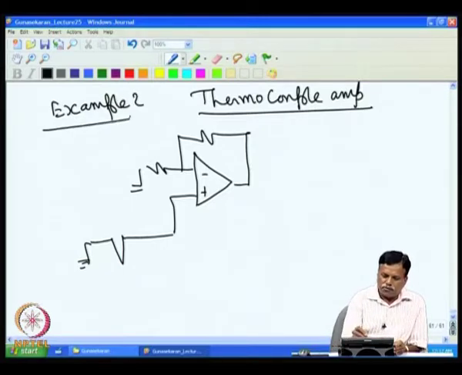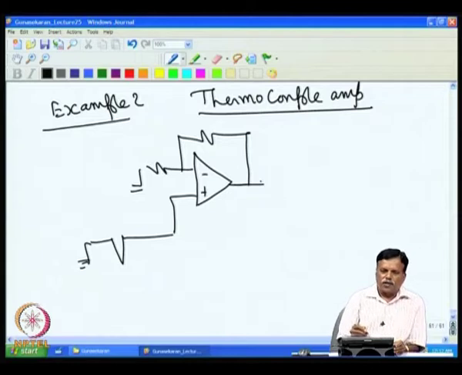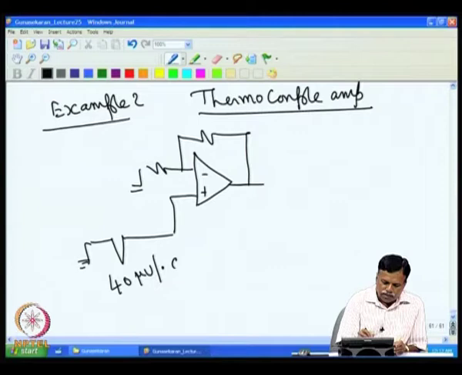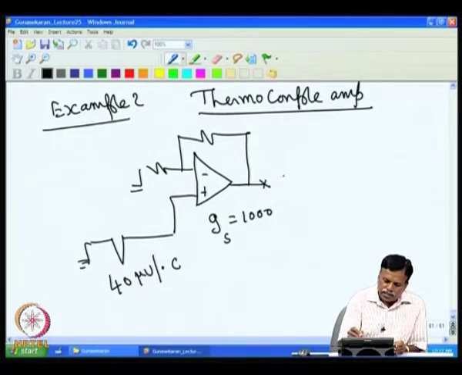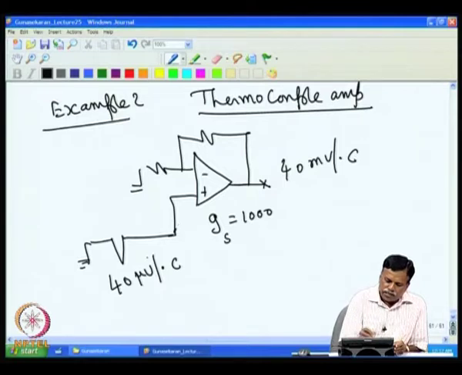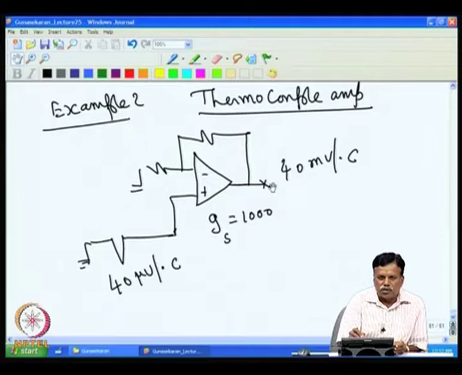Assume that the thermocouple gives you 40 microvolt per degree C. If I set the gain equal to 1000, then what I want here is 40 millivolt per degree C. So every 1 degree difference in temperature will produce 40 microvolt here, and with a 1000 gain, I expect 40 millivolt at this point.